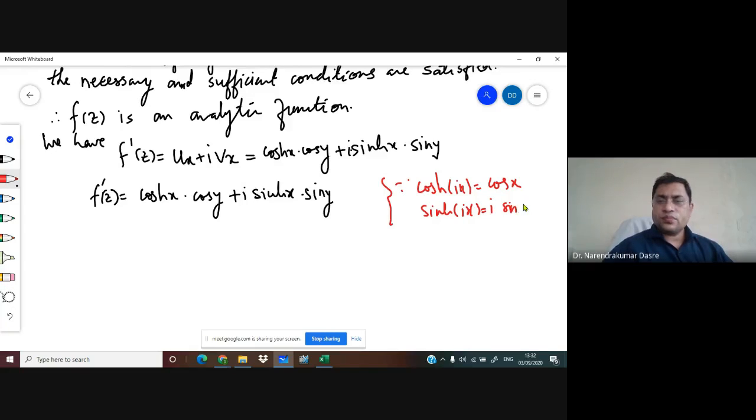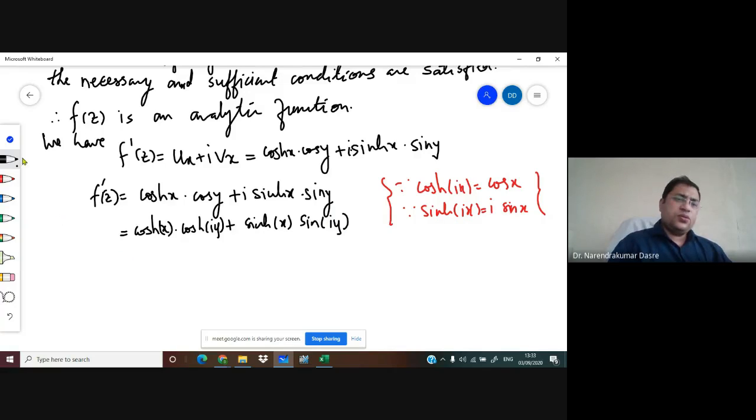Using these two formulas, I can write this as cos hyperbolic x into cos hyperbolic iy plus sin hyperbolic x into sin hyperbolic iy.